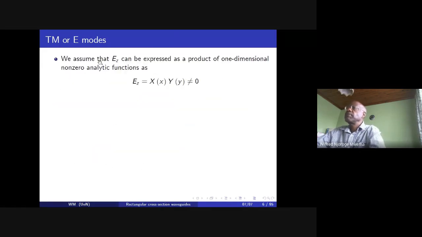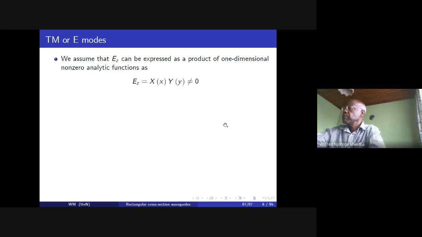So we'll assume that Ez can be expressed as a product of one-dimensional non-zero analytic functions of the form Ez equal to X of x and Y of y, and this we suppose is not going to be equal to 0. That is, we must insist that it cannot be 0.